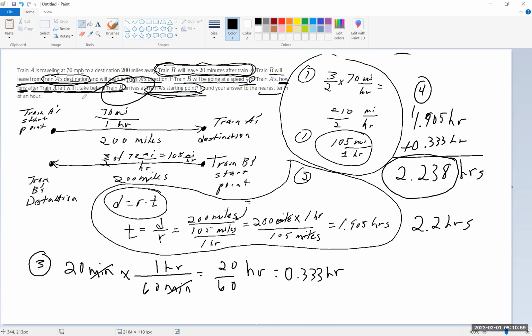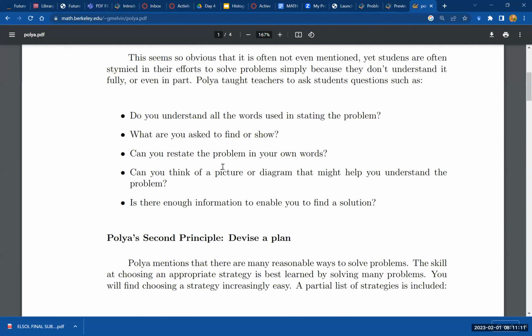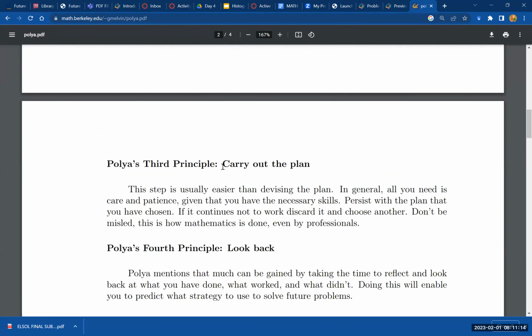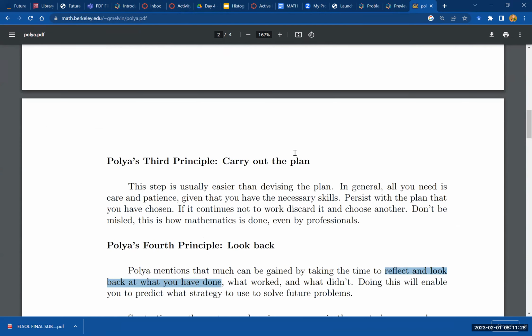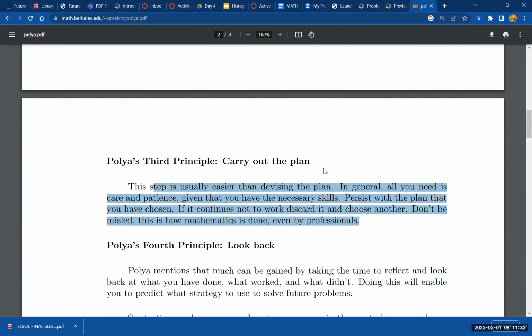It was the 20 minutes, so now I'm reflecting, which is the third part of George Polya's method. Looking back, and my looking back is to reflect and look back at what we've done and make sure that it makes sense. We carried out a bunch of mini plans as I was trying to understand the problem.